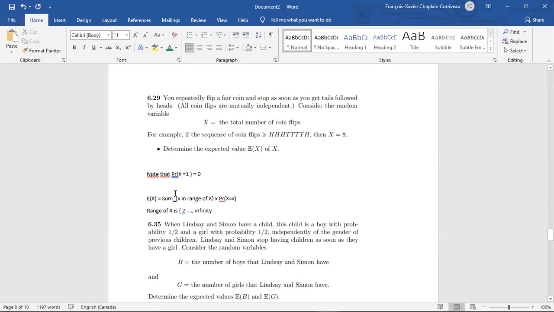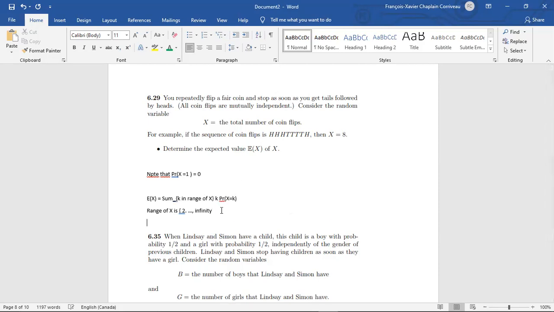Let me just write k, because k kind of implicitly means that we're only looking at integers. So I usually write k instead. Okay, so now we only have one other thing to look at. What is the probability that x is equal to k?